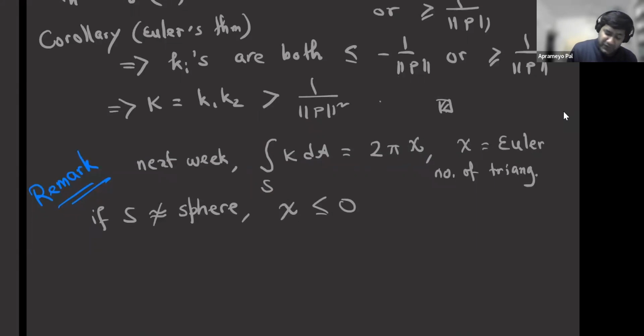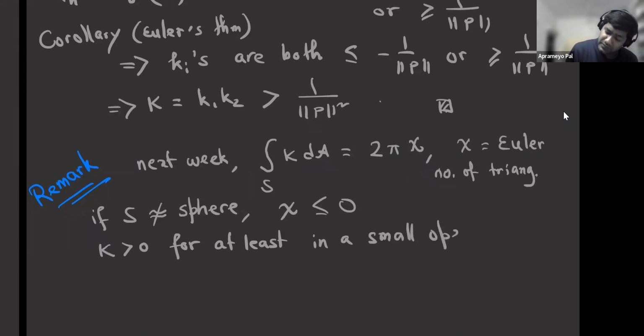From the previous thing, we have already seen that K is positive at least in a small open set, because we have seen already the existence of a point at which K is positive.